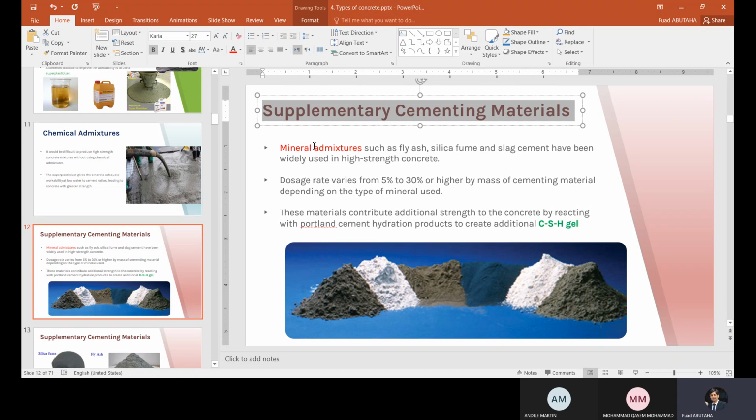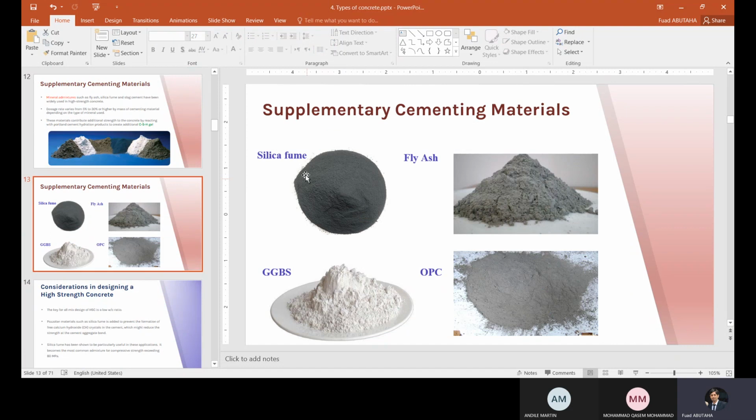So what is mineral admixtures? Mineral admixtures is a material used in the concrete as a cement replacement. What are these materials? We have silica fume, fly ash, slag. These are examples of these types of mineral admixtures that can be used in order to improve the strength of concrete.